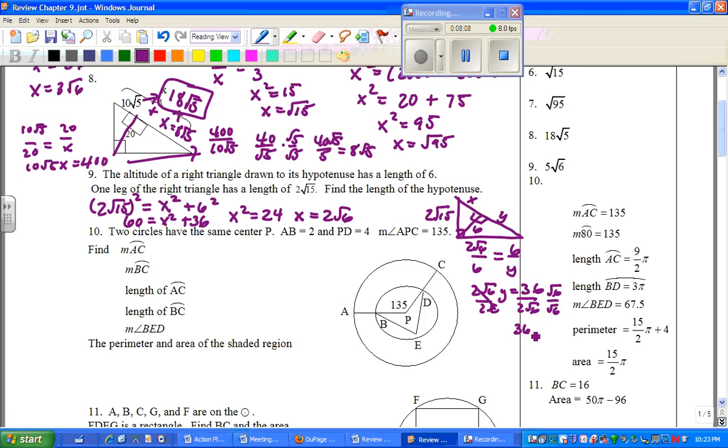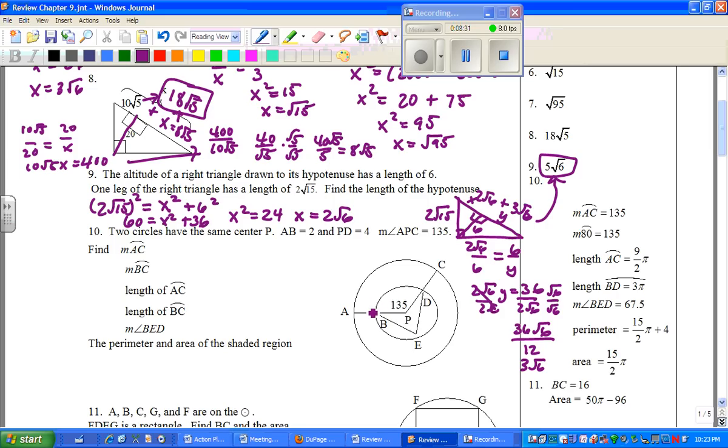So then we get 36 root 6 all over 12, and 12 goes into that, 3 root 6. So the final answer is 2 root 6 plus 3 root 6, which ends up equaling the 5 root 6 that we have in our answer column.